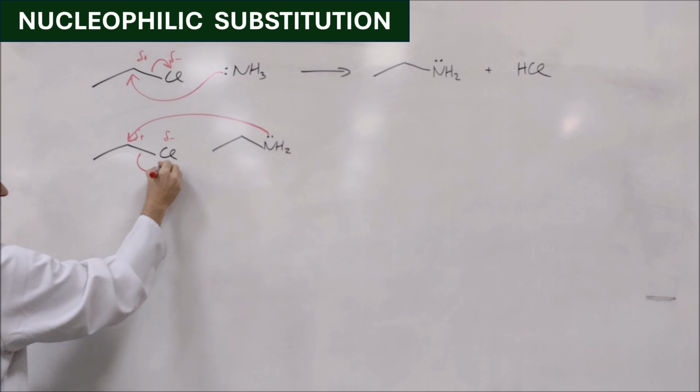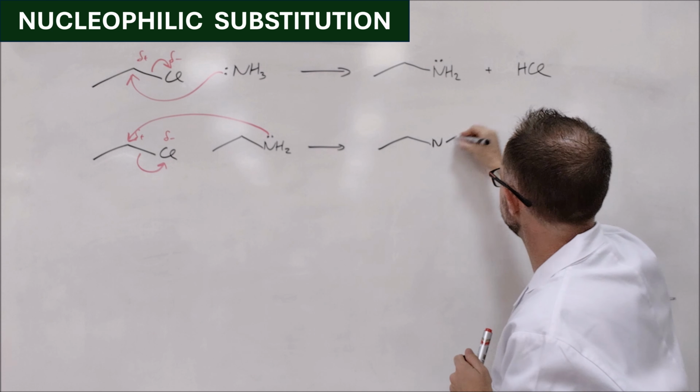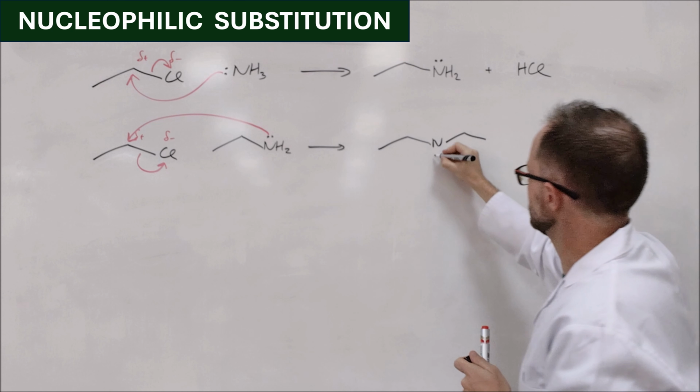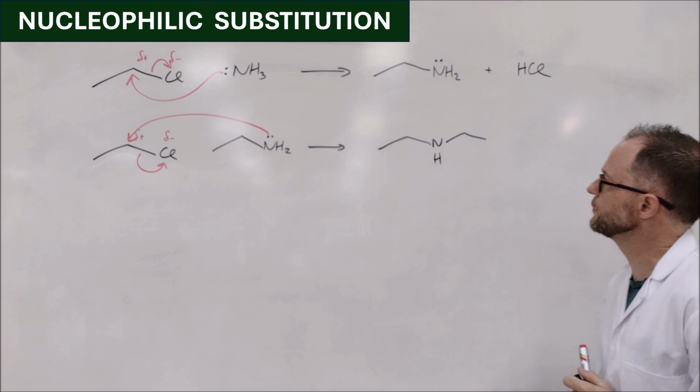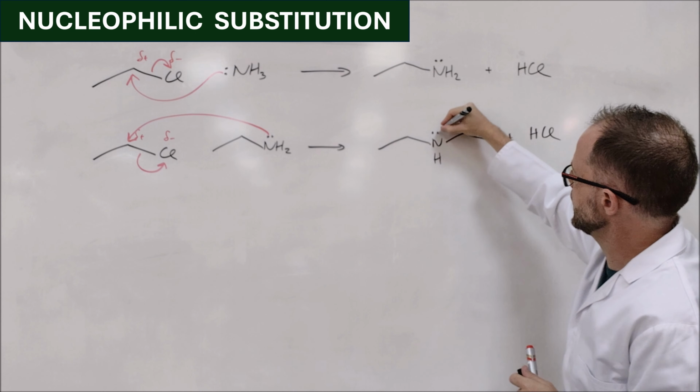There we go, so out comes the two electrons from there. And what we end up with is this now. We formed a bond from the nitrogen to that carbon there. So 1, 2, N plus the two carbons we've just added on, 1, 2, and nitrogen has 3 bonds. The third one goes to the hydrogen. Also the byproduct, hydrogen chloride. And we've recovered the lone pair on that nitrogen.